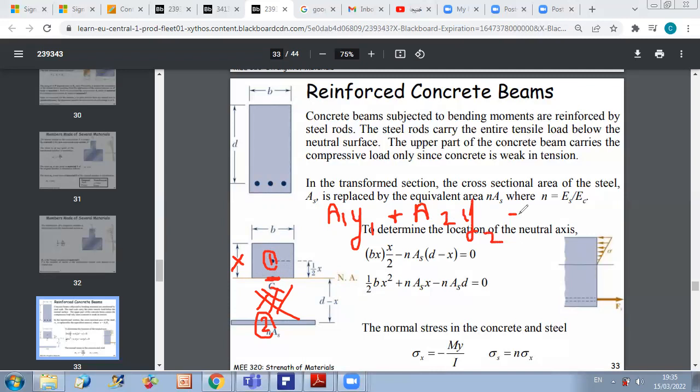Now I replace. First, what is a1? If I look at my figure, I named this distance x, and the width here is b. So a1 is b times x. What is y1? y1 is the centroid position of area 1. It's located at half of x from the neutral axis, so it's x over 2.